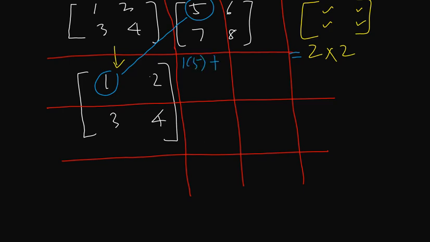Then I will plus. Remember, when we multiply a matrix, we need to add the respective elements. And then 2 you times with 7. Like that. And then the next one, if I erase this arrow, the next one will be what?